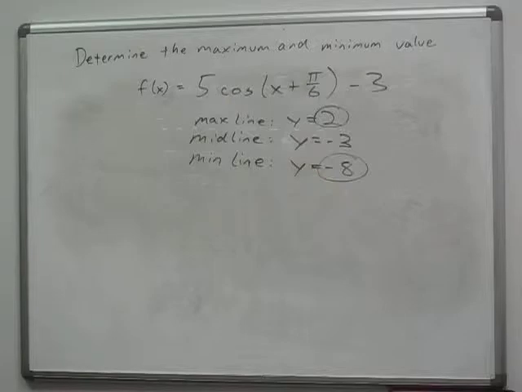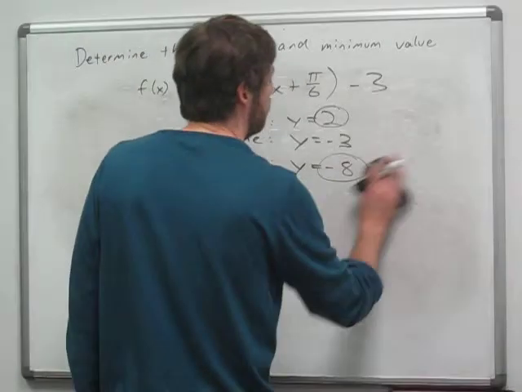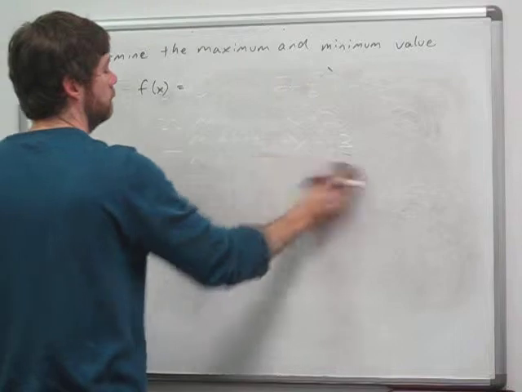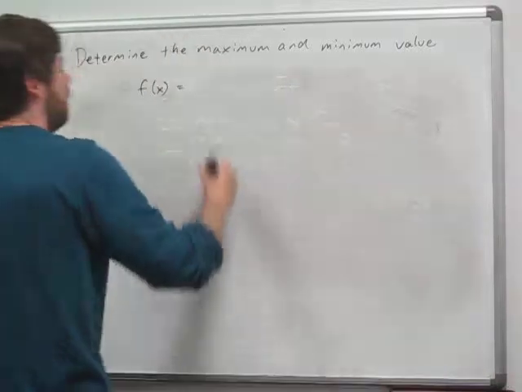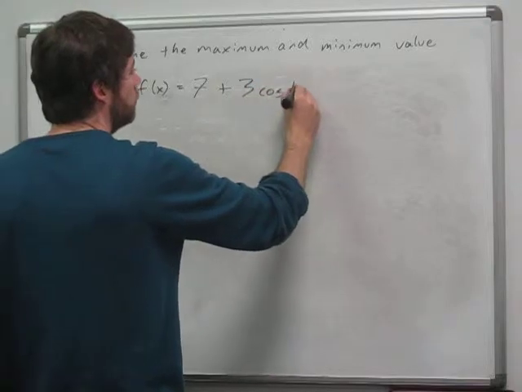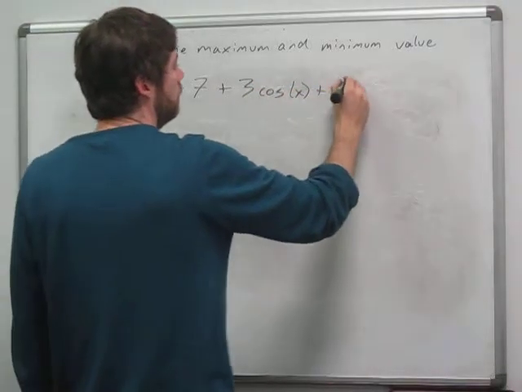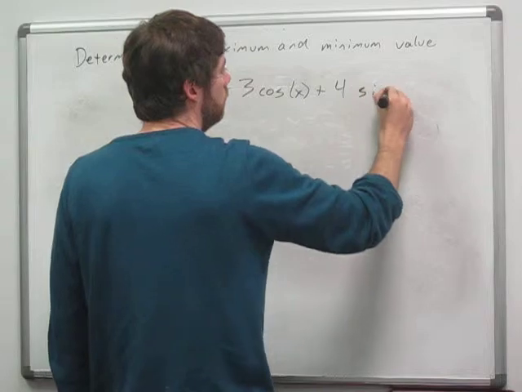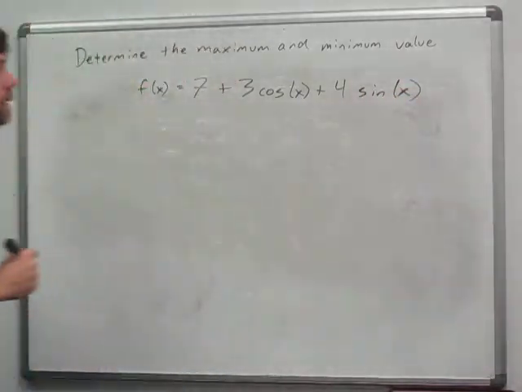Okay. So let's try one more example. Let's say 7 plus 3 cosine x plus 4 sine of x. Okay.